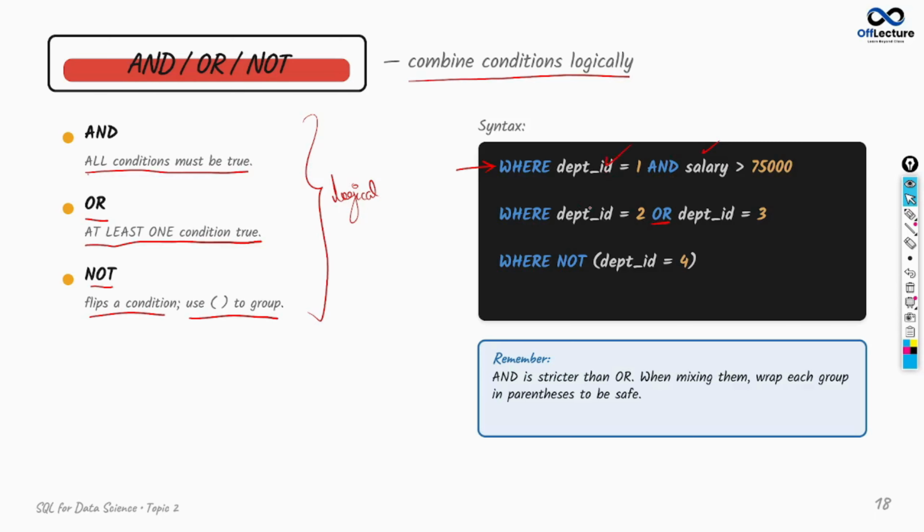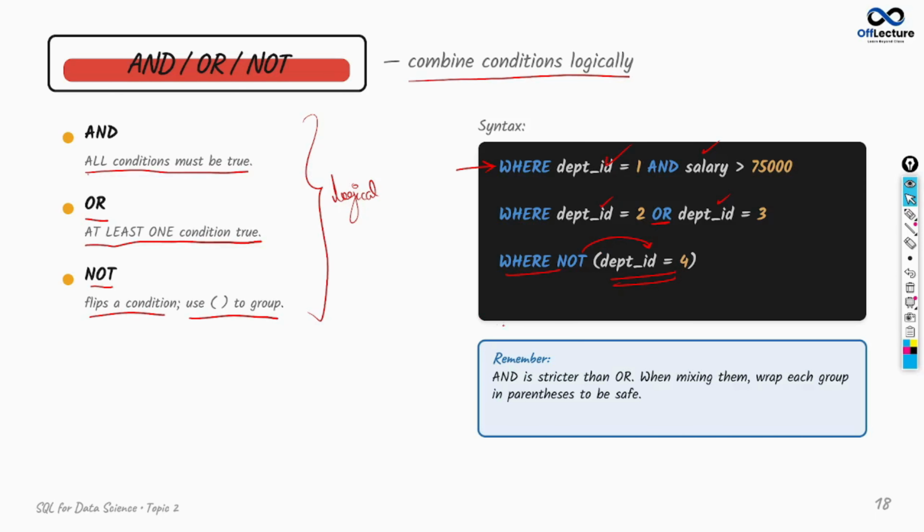With the help of OR, you can write department ID equals 2 OR department ID equals 3, so either of the outputs will be valid. And if you write WHERE NOT department ID equals 4, it means you want all the entries in your data except department ID equals 4. You don't want this, you want everything except this.